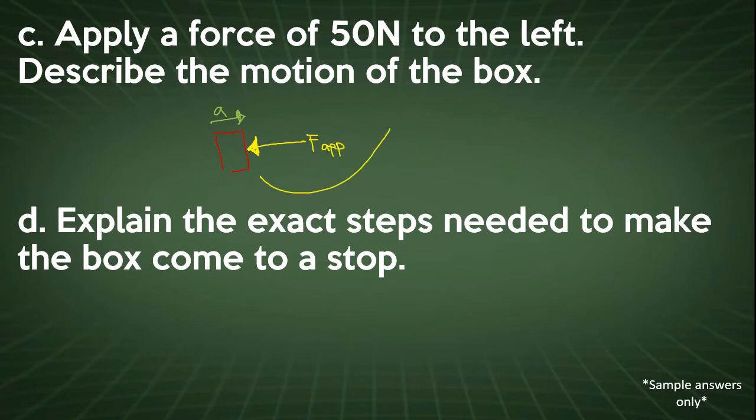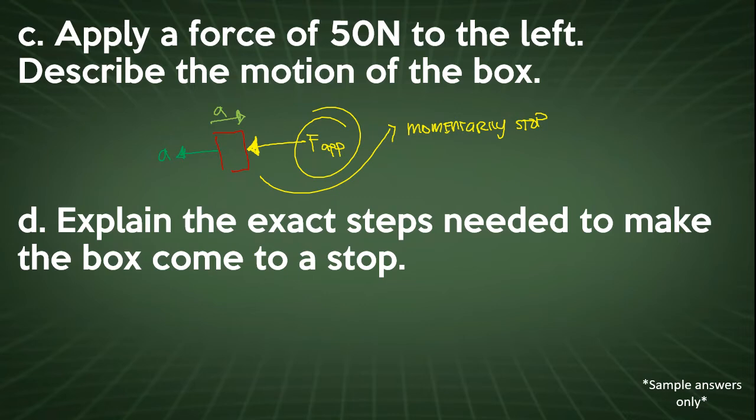It will momentarily stop. However, if you keep on applying the same force, this box, which was moving to the right a while ago, will now start accelerating to the left.